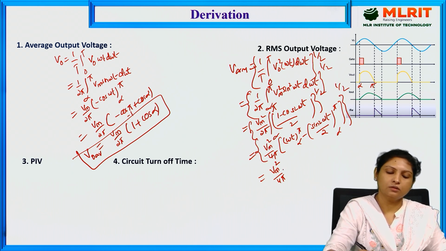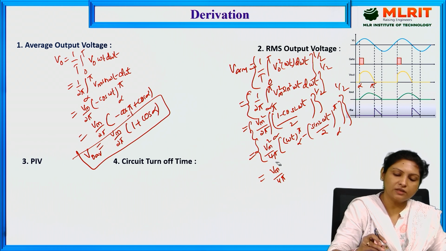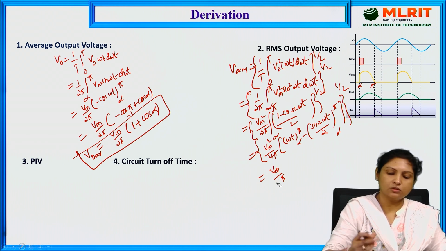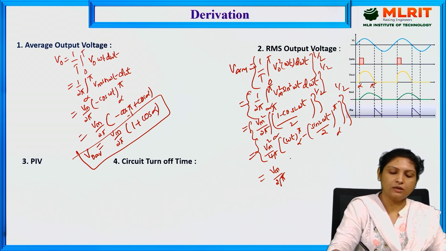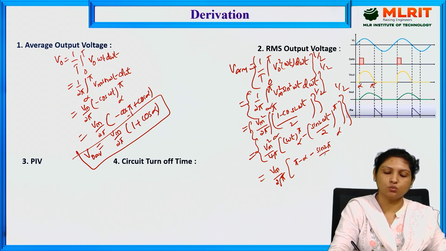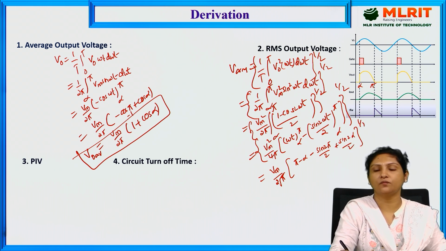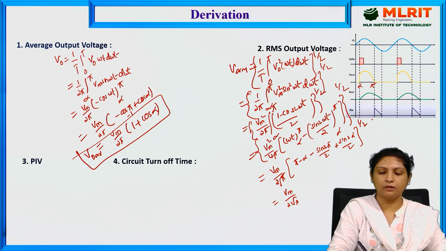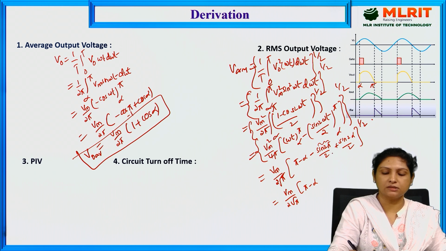So here let me apply this root so that it will be simple. 2 root pi, and inside applying the limits, upper limit minus lower limit, pi minus alpha minus sine 2 pi by 2, minus of minus plus sine 2 alpha by 2 whole to the power of 1 by 2, which is equal to Vm by 2 root pi minus alpha, and this term sine 2 pi is 0.